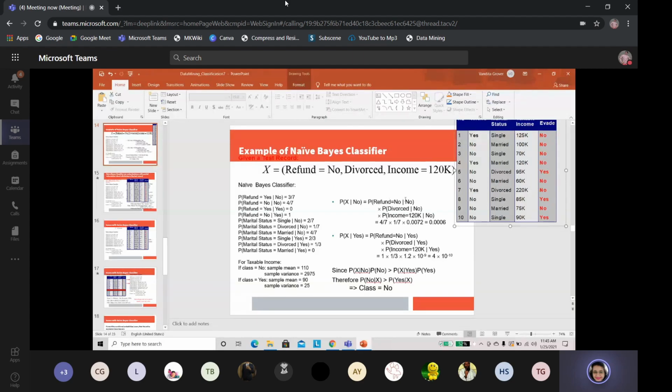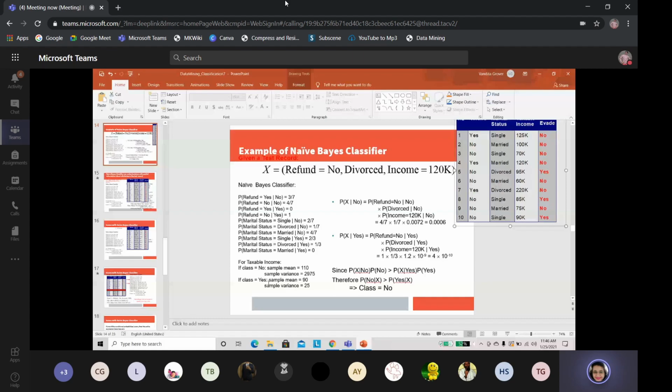For example, P refund is equal to no, given the class is no, which is 4 by 7, multiplied by P divorced, given the class is no, which is 1 by 7. So 4 by 7 into 1 by 7. And P income is equal to 120K given no: there you have estimated it using the formula that we had already discussed, 1 by root 2 pi sigma square. So that is coming out to be 0.072.